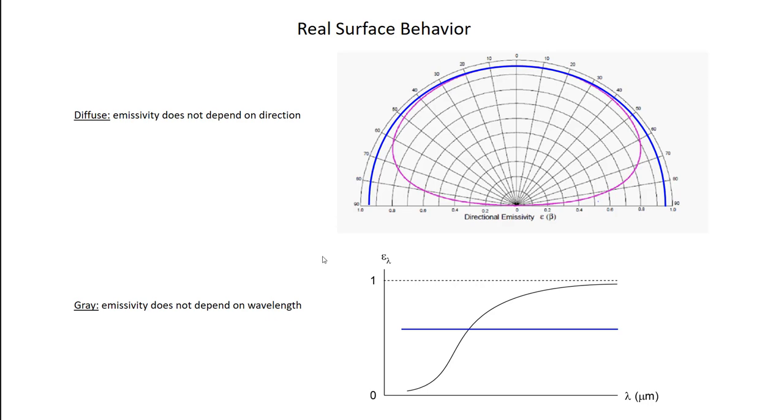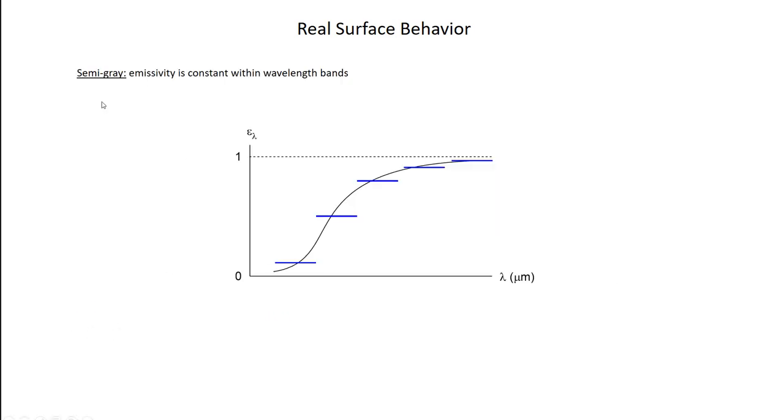What we will do towards the end, in a couple, three lectures, is we'll extend our gray surface analysis to what are called semi-gray analysis. So a semi-gray analysis is one where we'll split the wavelength spectrum up into little wavelength bands.